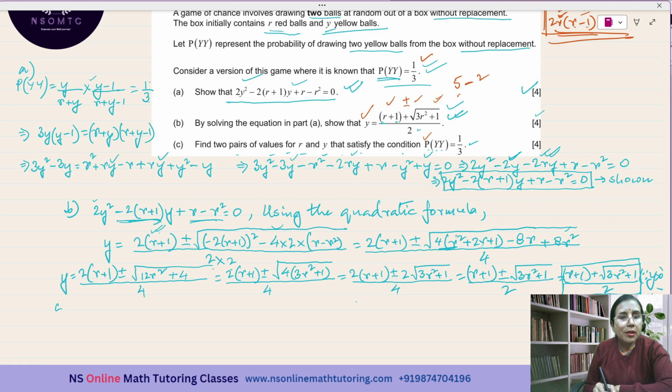Okay, subpart C, it is using GDC, graphs, split screen, table.